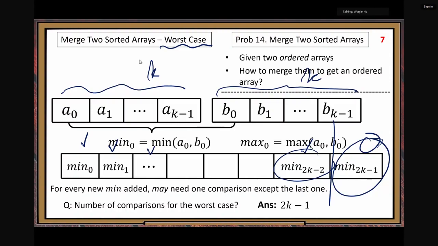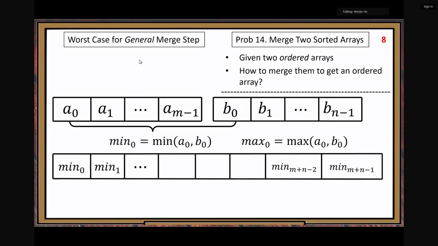With two ordered subarrays of unequal sizes, we can still do the same thing. The same method still works. So this time we do the merge for the worst case, for the general merge step.